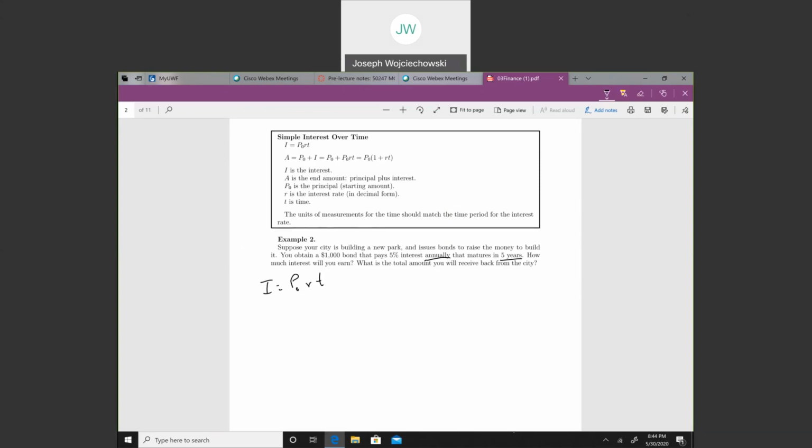So interest equals principal, 1,000, times the rate, 5%, which is 0.05, times the time, which is 5. So 1,000 times 0.05 is 50.